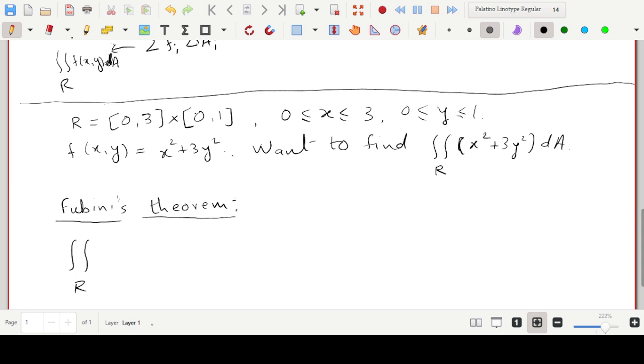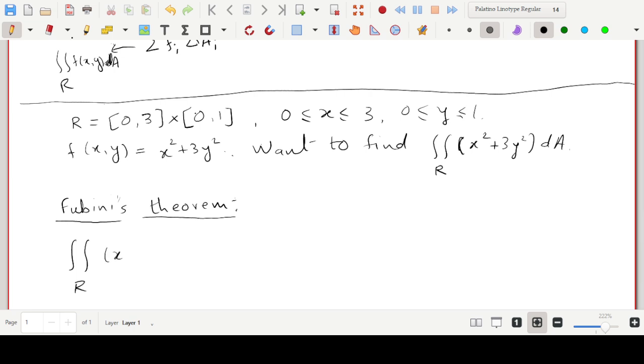So how do we break it down into two integrals, each of which is an integral of a single variable? That is what Fubini's theorem tells us. And once that is done, we can use our rules of single variable integration and solve problems.